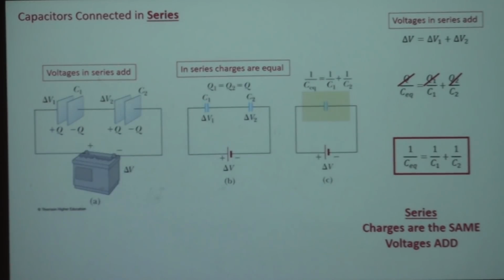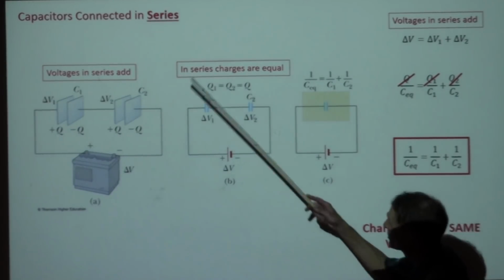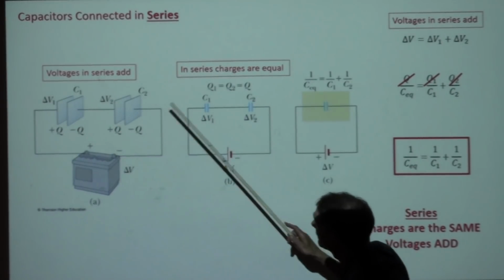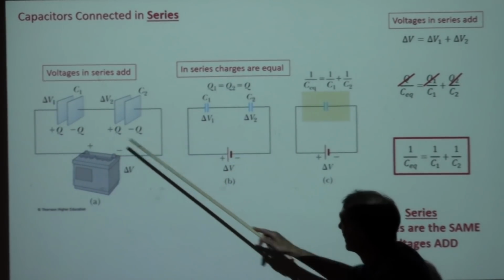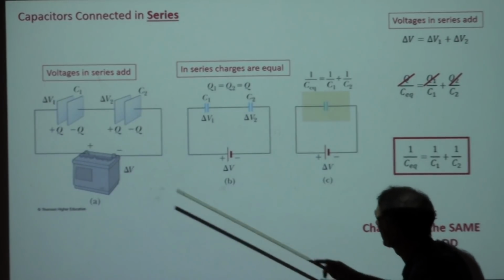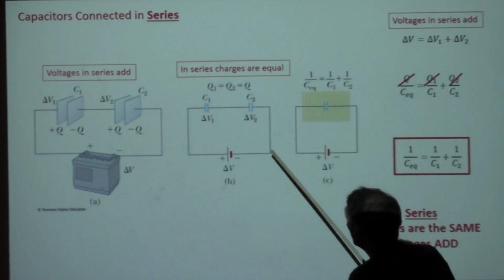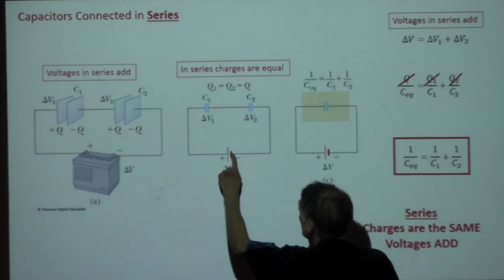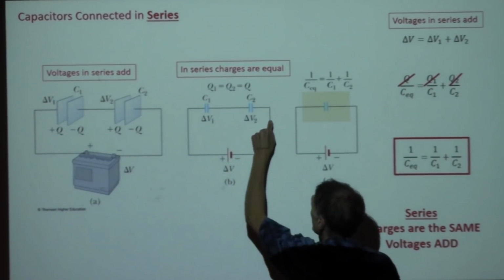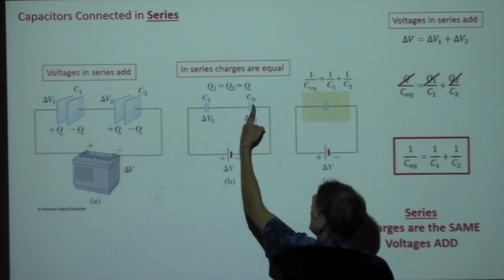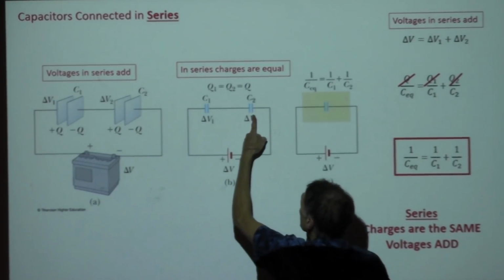Now, if we connect a couple of capacitors in series, one and then the other, this is kind of the pretty picture. This is the symbolic form which you want to get used to. When they charge, the electron can come around here and go to this plate, making that plate negative.